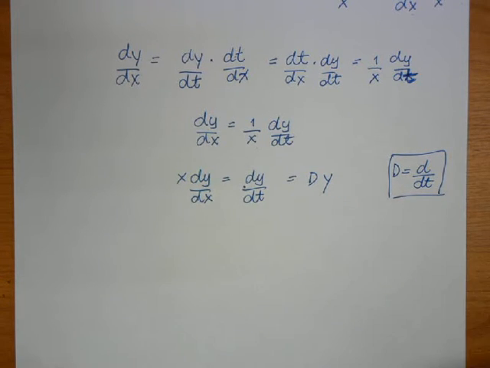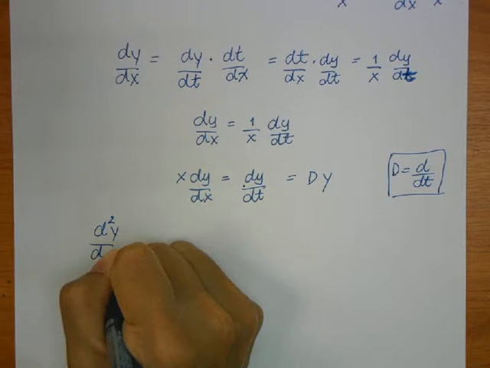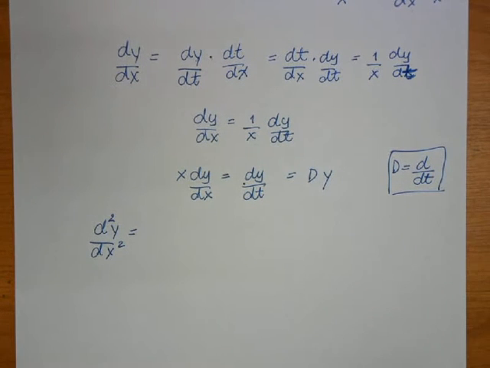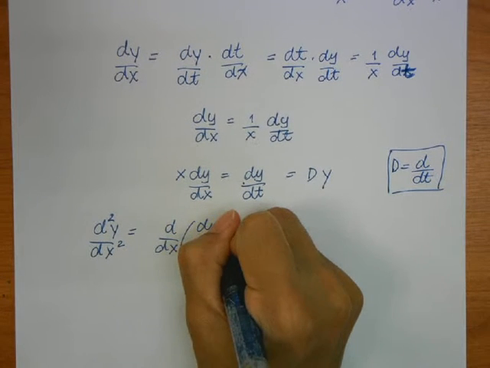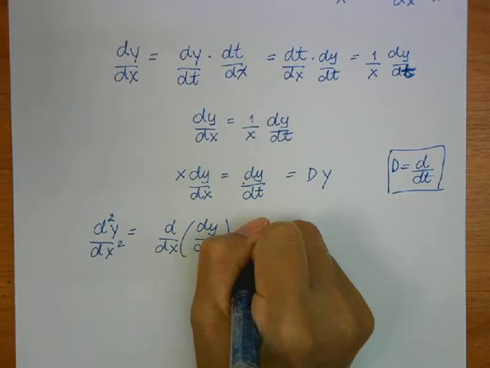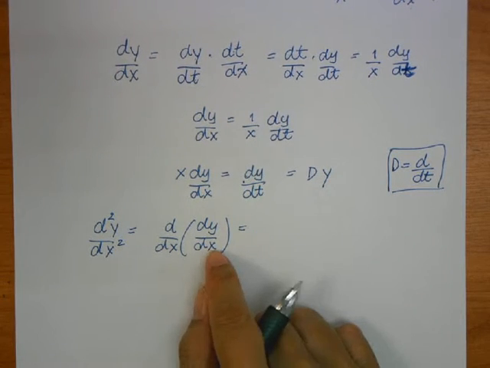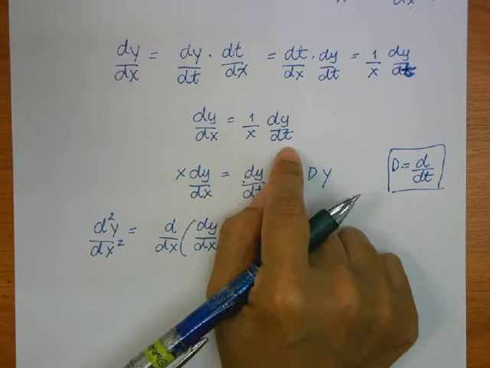Now, what if we do the second derivative of it? We put dy by dx is equal to 1 over x dy by dt.